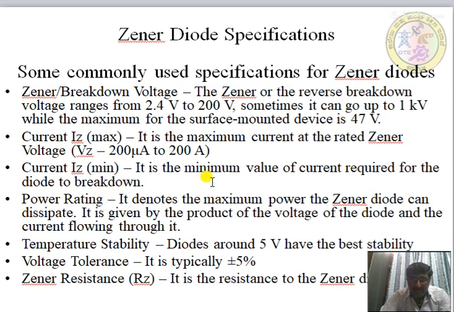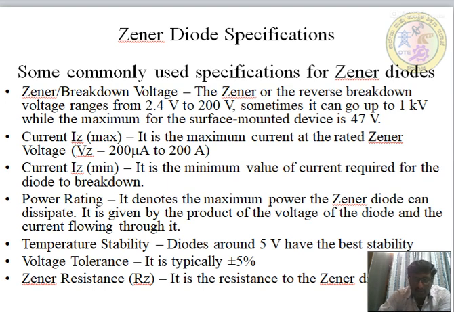Next, power rating: it denotes the maximum power the Zener diode can dissipate, and it is given by the product of the voltage of the diode and the current flowing through it. The next one is temperature stability. Diodes around 5 volts have the best stability.